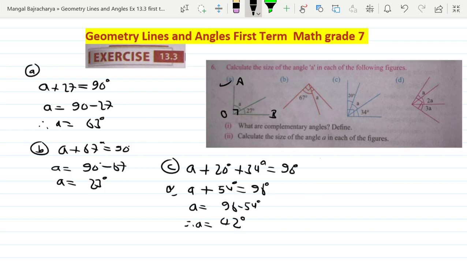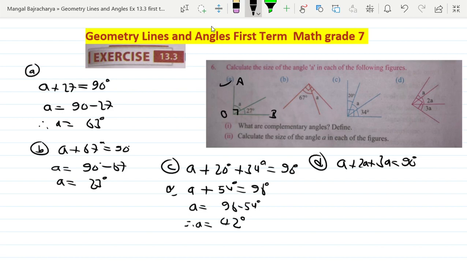And very much the same is number D. Here the whole 90 degrees has been split into 3 angles A, 2A and 3A, so their sum must be 90 degrees. So A plus 2A plus 3A equal to 90 degrees, and the reason you will provide is the same, complementary angles. Now A, 2A, 3A, these all 3 are like terms, so they can be added.